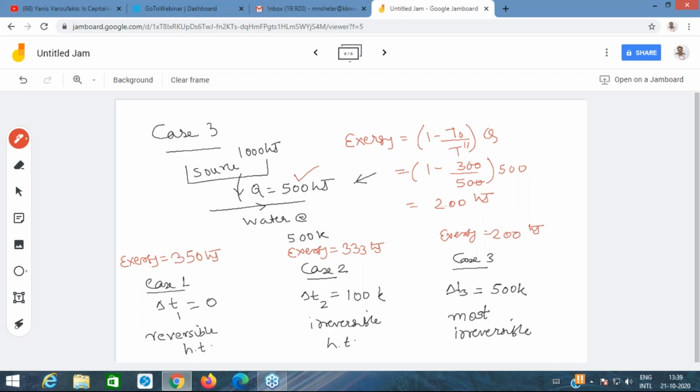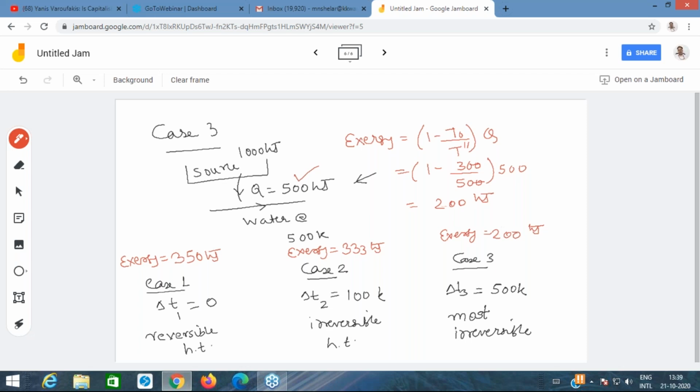The heat at 1000 Kelvin is better than the heat at 900 Kelvin. So the quality aspect of energy is quantified by the term exergy. I hope this is very clear to you.